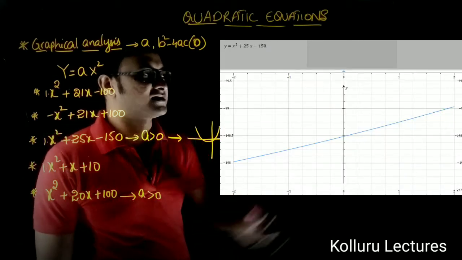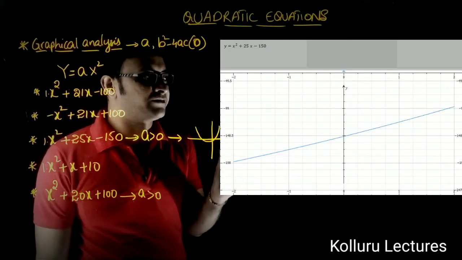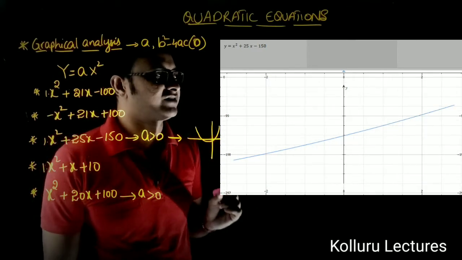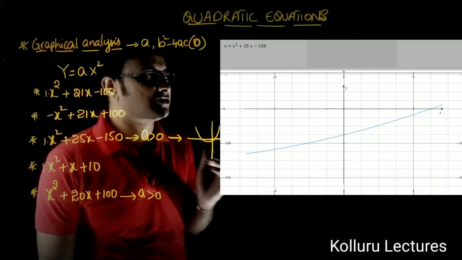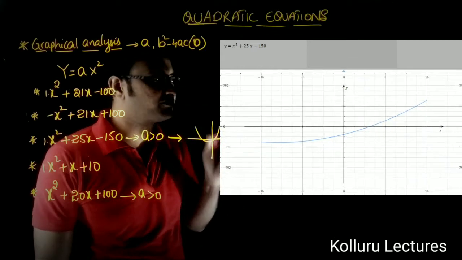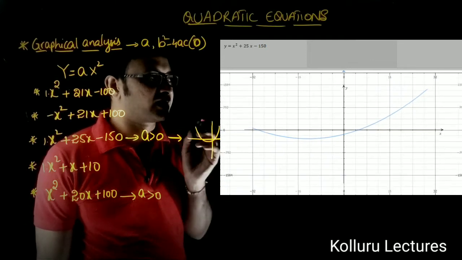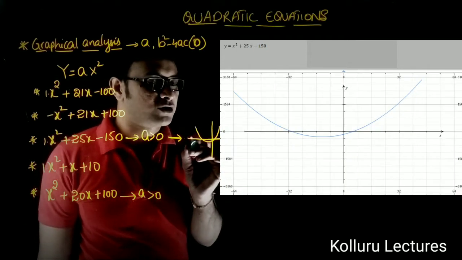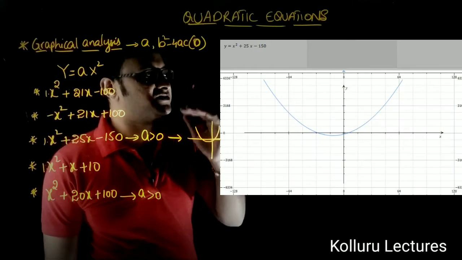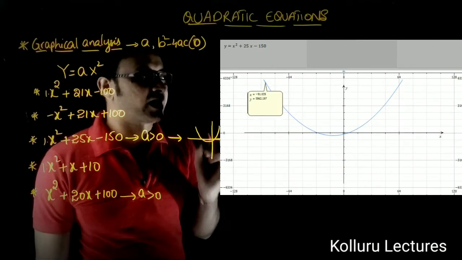Let me minimize the values so that we can see the graph. The graph is open upwards, and you can see a small part lying below the x-axis and some of the part lying above the x-axis. I have started the trace.